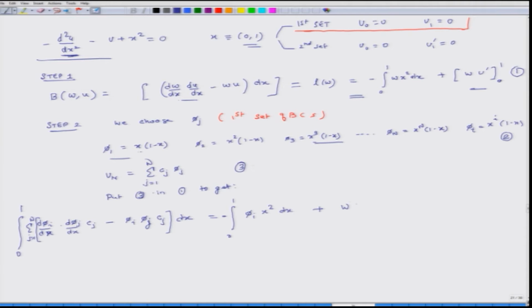So, u times u prime at x equal to 1 minus w u prime at x equal to 0.